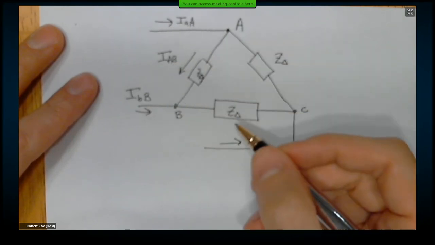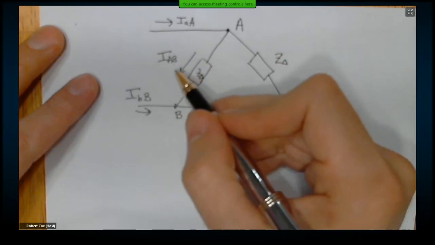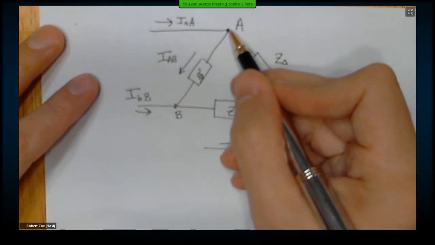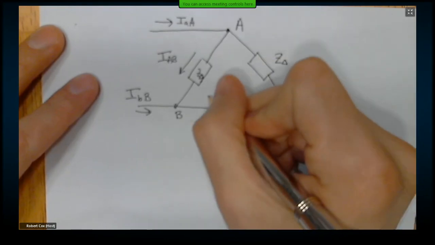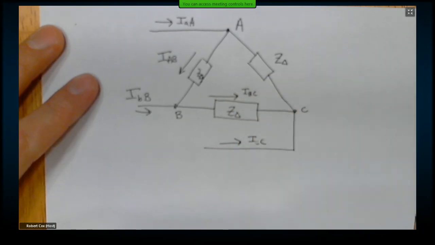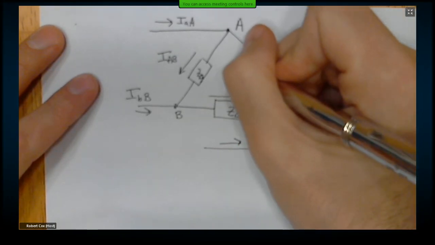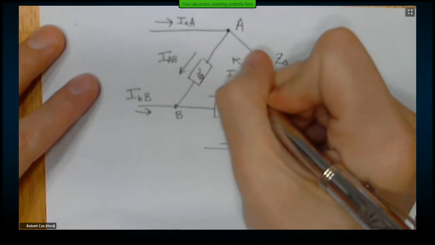These are the line currents, because they're in the lines going to it. I_AB is from A to B. I'll say I_BC is that phase current, and then my third one will be I_CA.